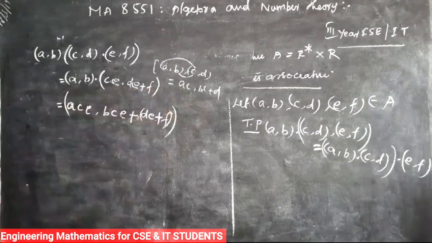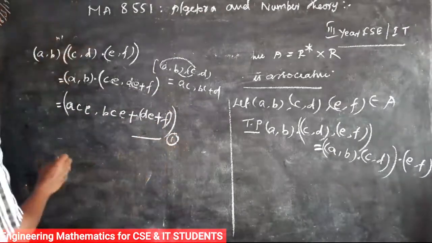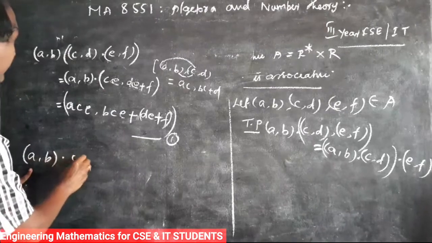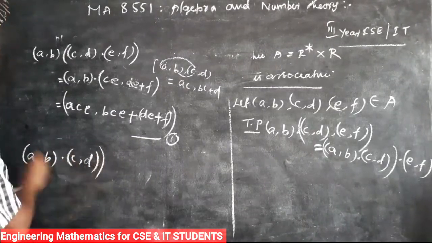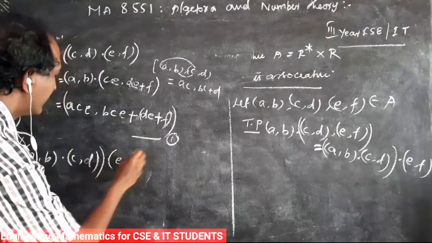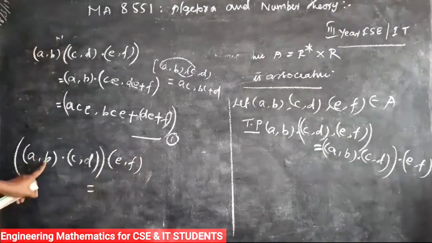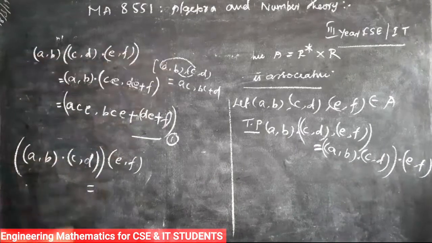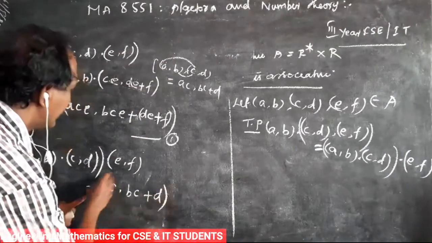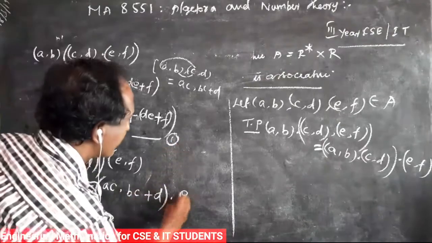Now we take the RHS, this is called 1: [(A, B) dot (C, D)] dot (E, F) equal to (AC, BC plus D) dot (E, F).